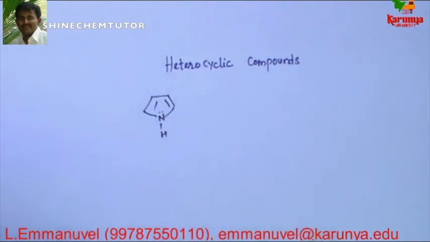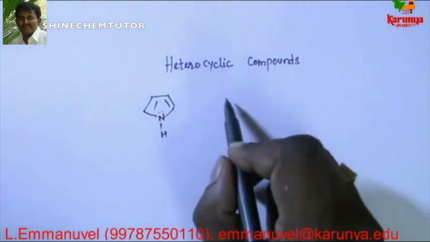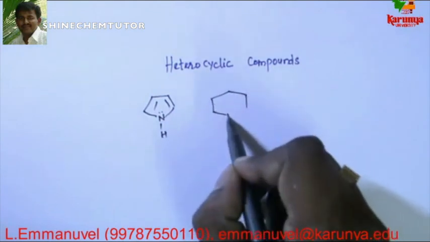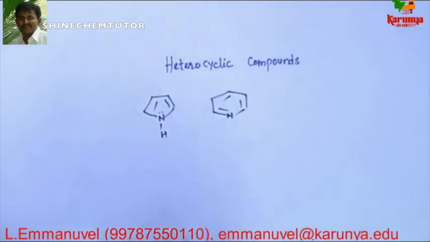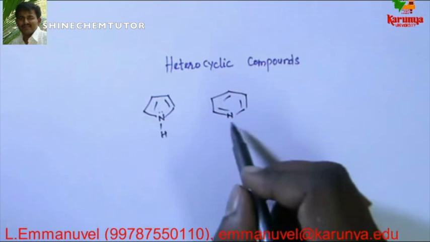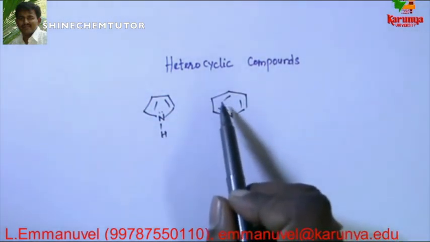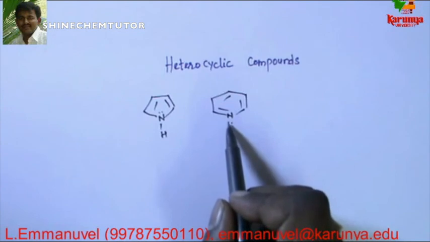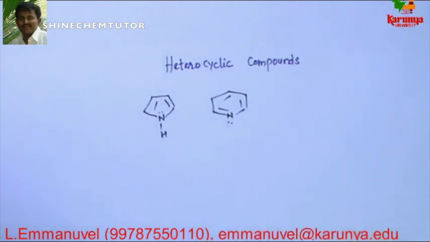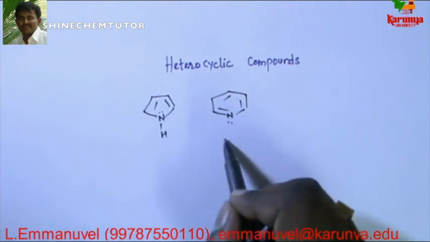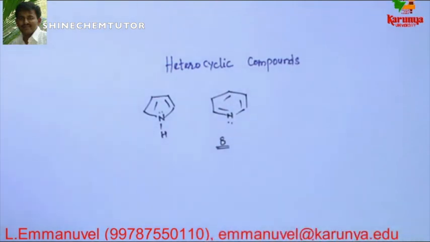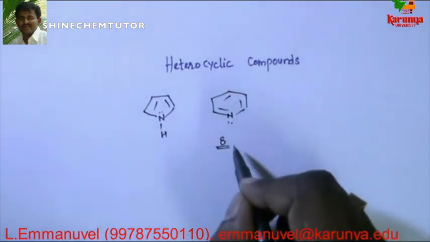So this is aromatic. What about this one? Already there are 6 pi electrons. In addition to that, there is a lone pair of electrons. So the total number of electrons should be 8. Is it anti-aromatic? No. This is also aromatic.